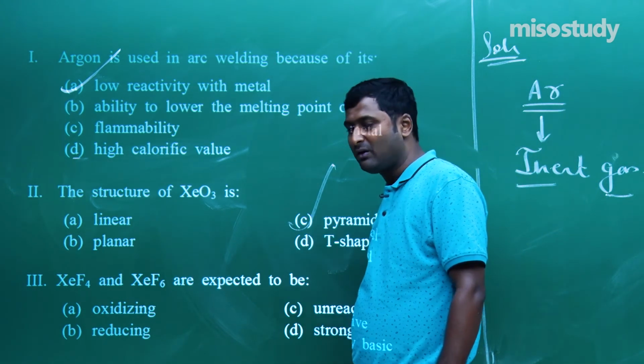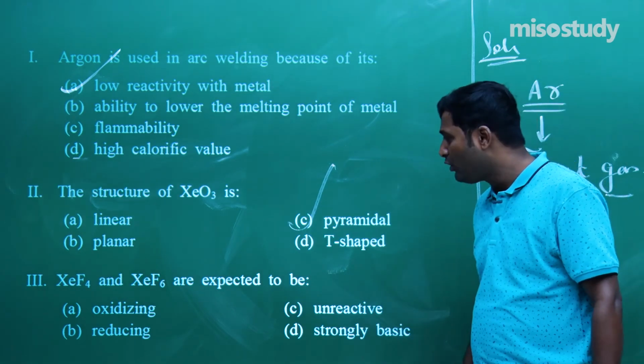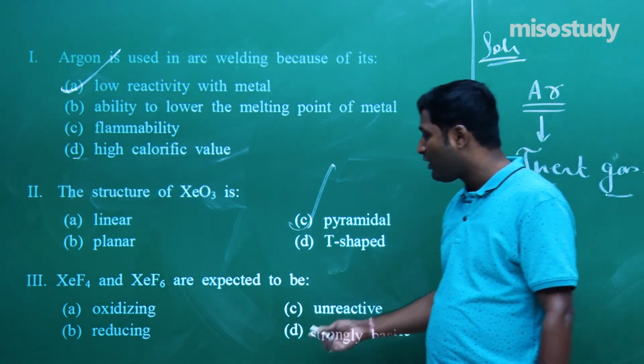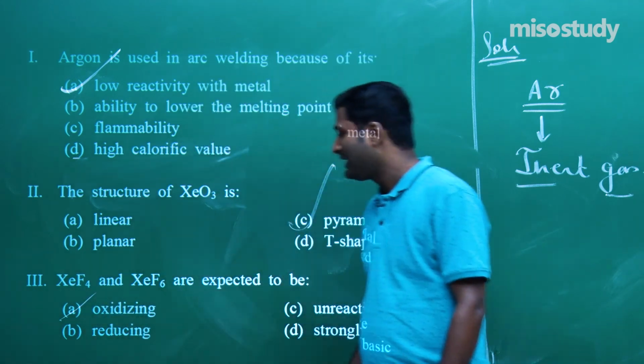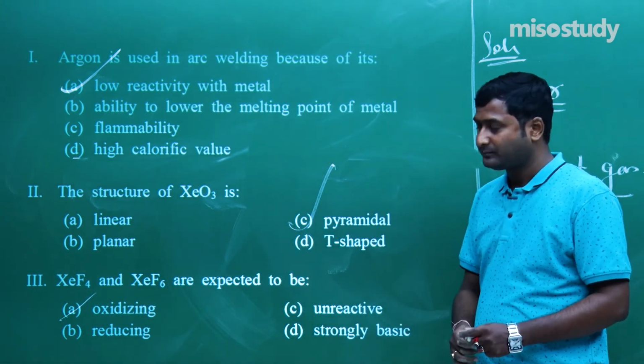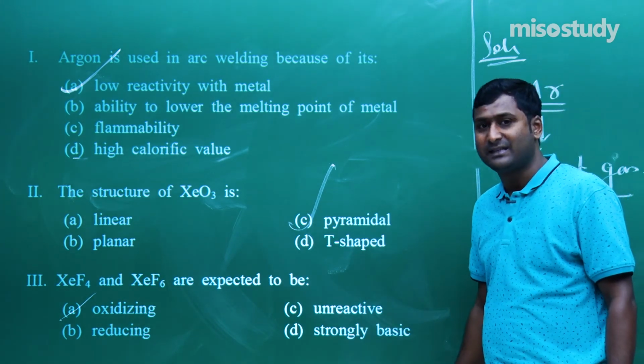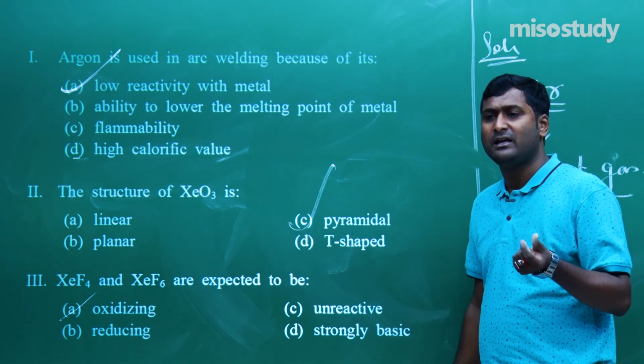inert. The most common oxidation state in this case, if they are inert, would be 0. But they are expected to be oxidizing, because among the group 18 noble gases, except xenon, all compounds are very inert.